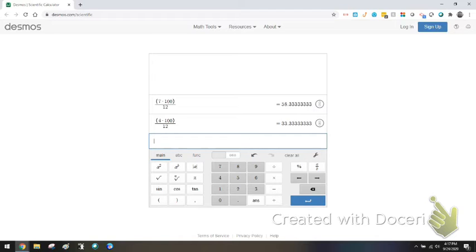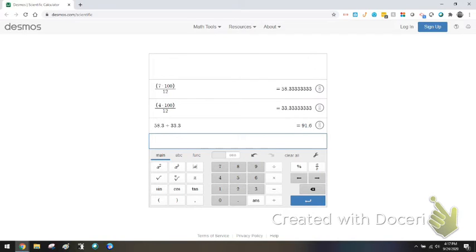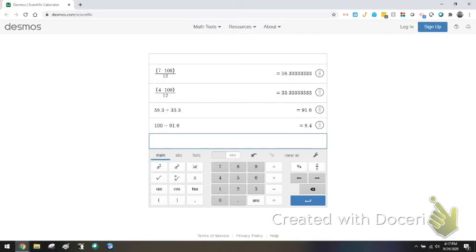Isotope 2 has a percent of 58.3 and isotope 4 has 33.3%, which gives me a total of 91.6. I subtract from 100, so isotope 6 has a percent of 8.4%.